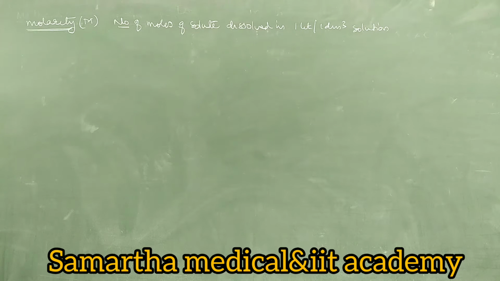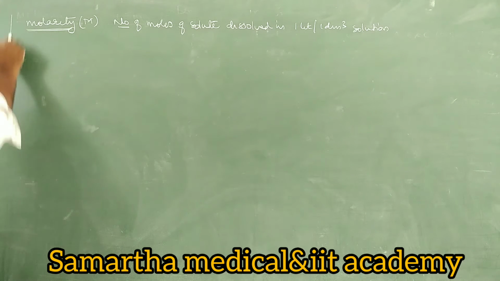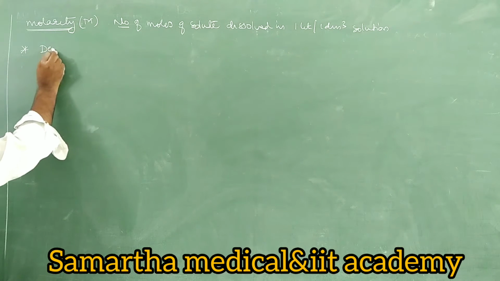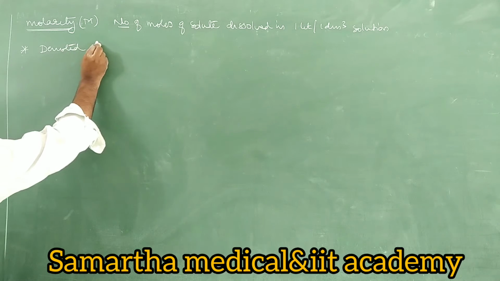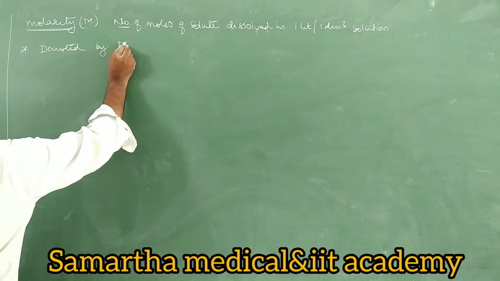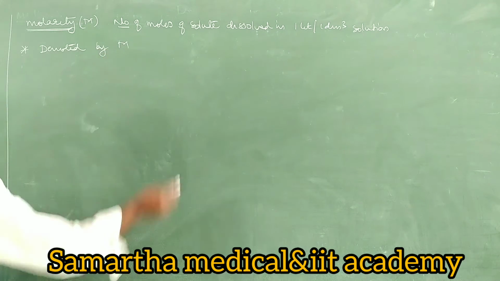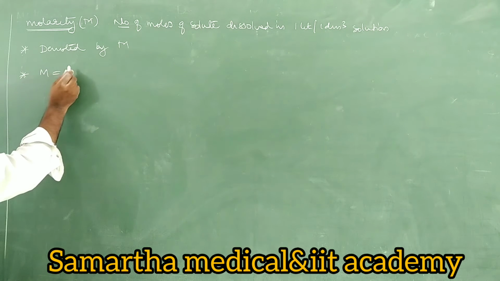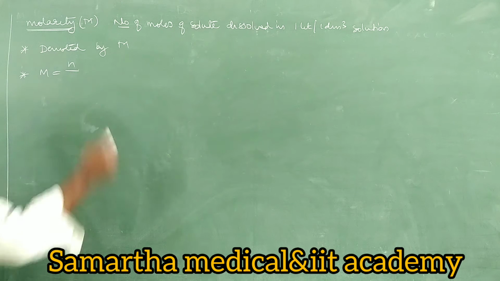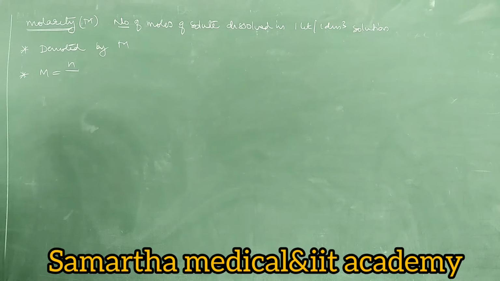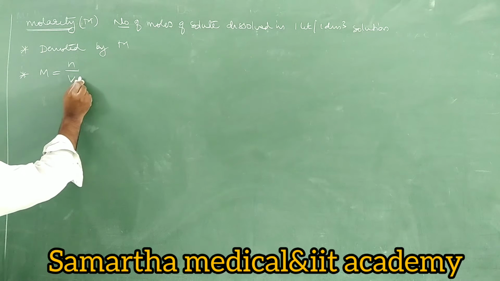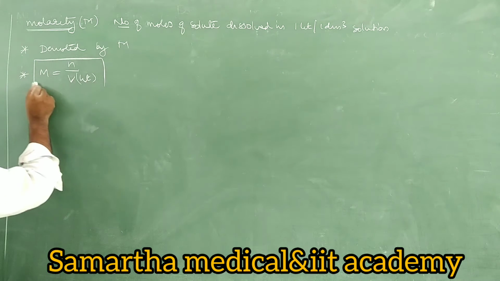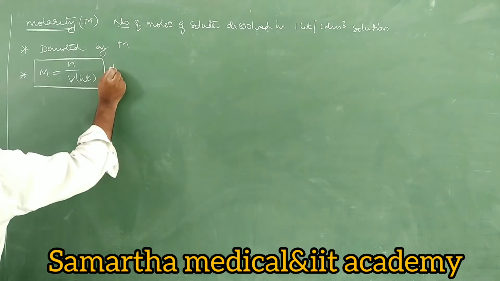Okay, and then tell me how it is denoted. It is denoted by capital M, molarity, right? Then can we write molarity, capital M, is equal to the number of moles of solute, n, by V in liter, into 1000 if we write V in ml?